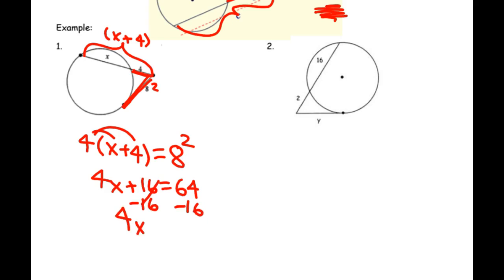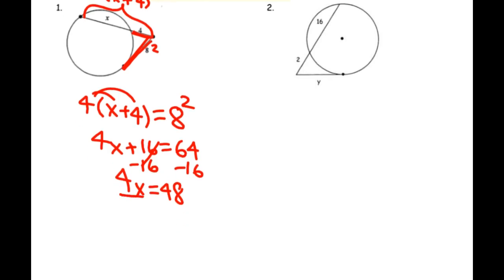So 4x equal sign, 64 minus 16 is 48. And then to get rid of that 4, divide. 48 over 4 is 12. Alright. Makes sense? Ish.